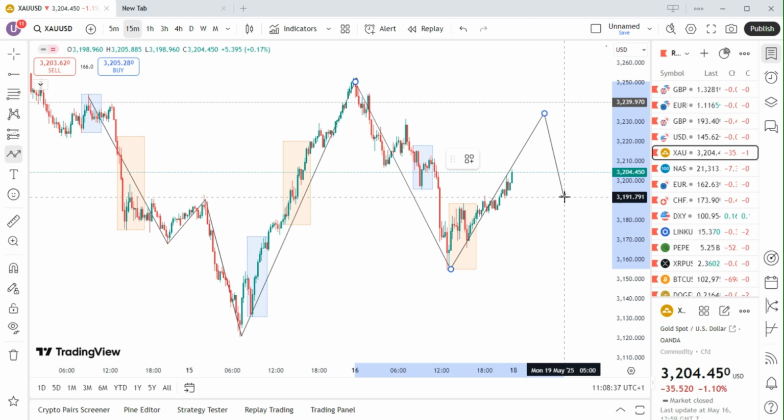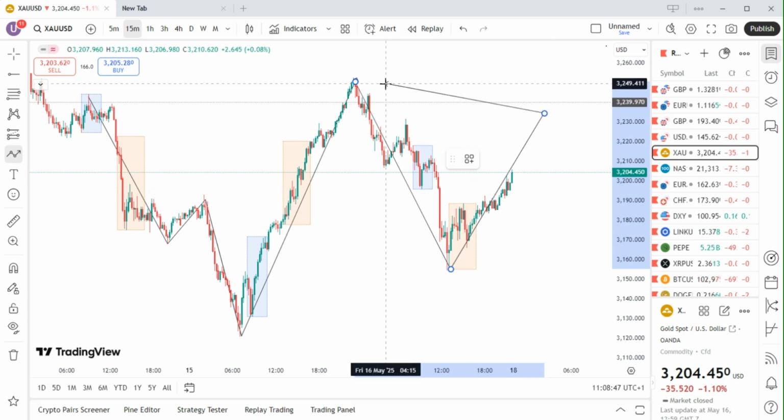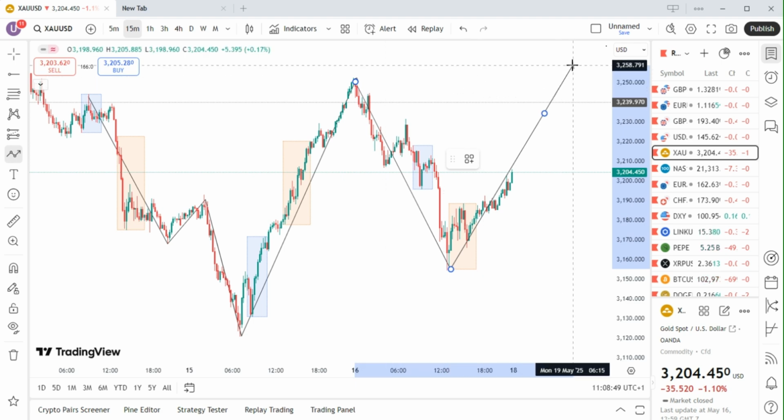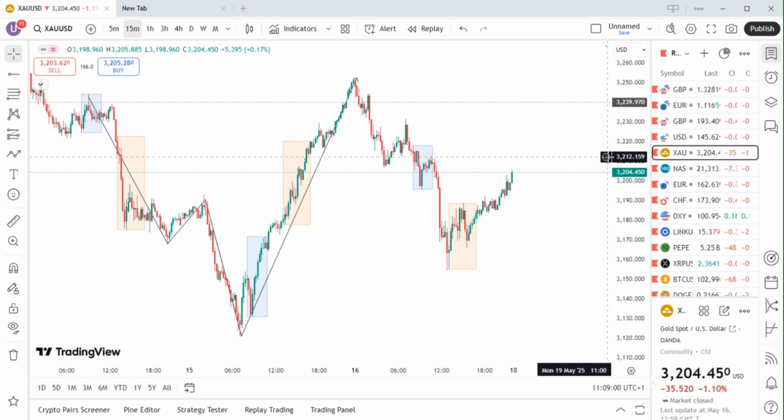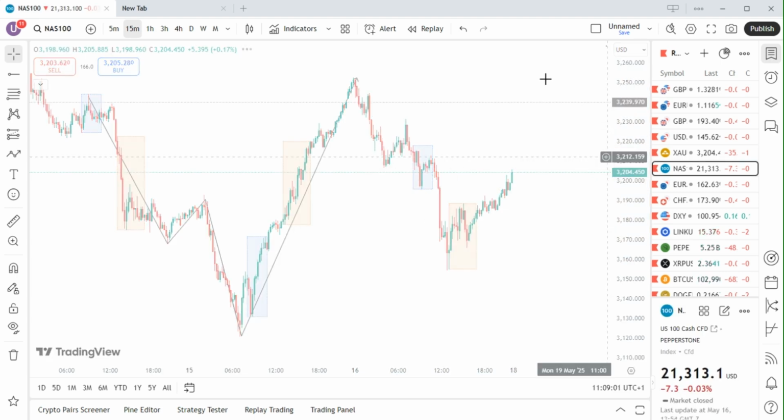So we align ourselves with the current trend on gold, and we'll be looking for a buy opportunity. If price gives us a leg or breaks above this zone to give us another higher high, we'll wait for a retracement down to any institutional reference point that was created, and from there we'll take a buy on gold. So let's move to the next pair on the list, which is NAS 100.